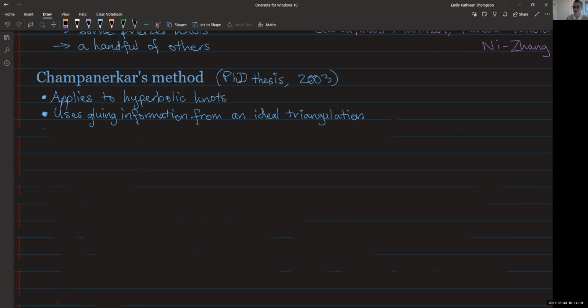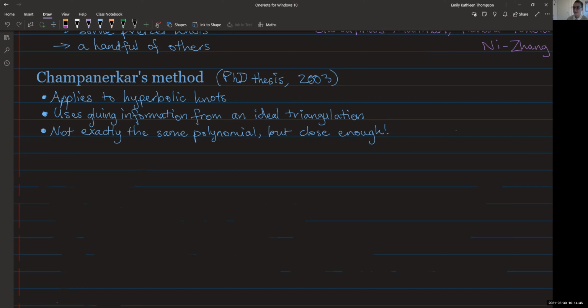This basically gives you a system of polynomial equations. Then you use information about the meridian and longitude to get your variables L and M, and you have this system of polynomial equations where you want to eliminate all your variables except L and M to get the A-polynomial. It's not technically the A-polynomial. What you get is very closely related to the A-polynomial.